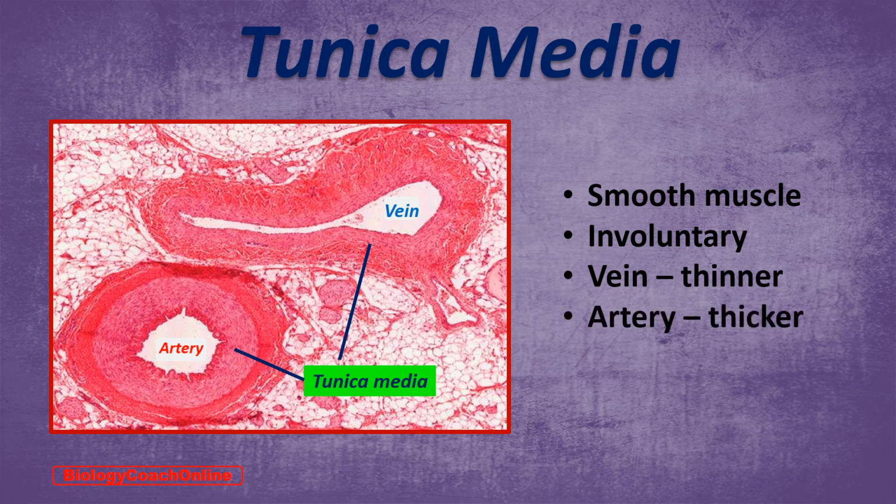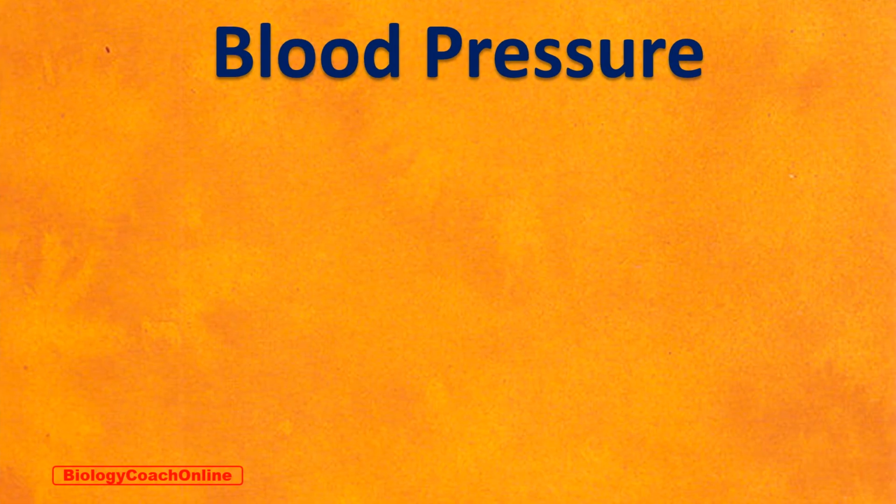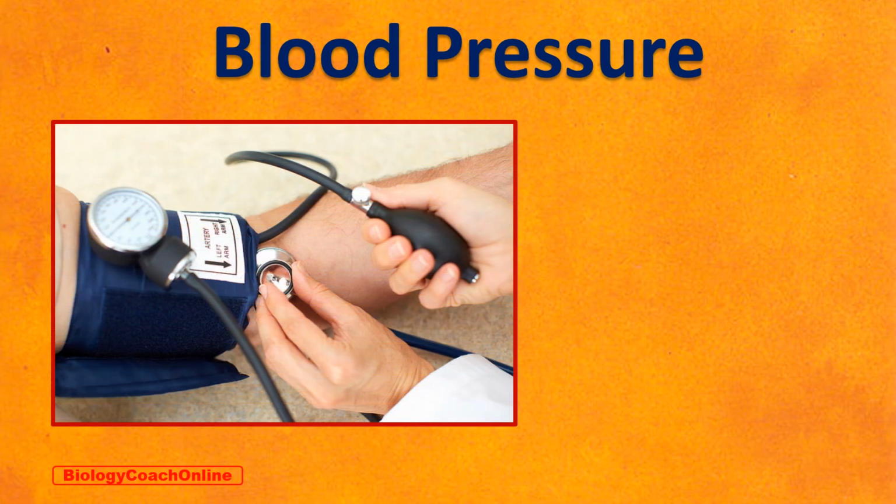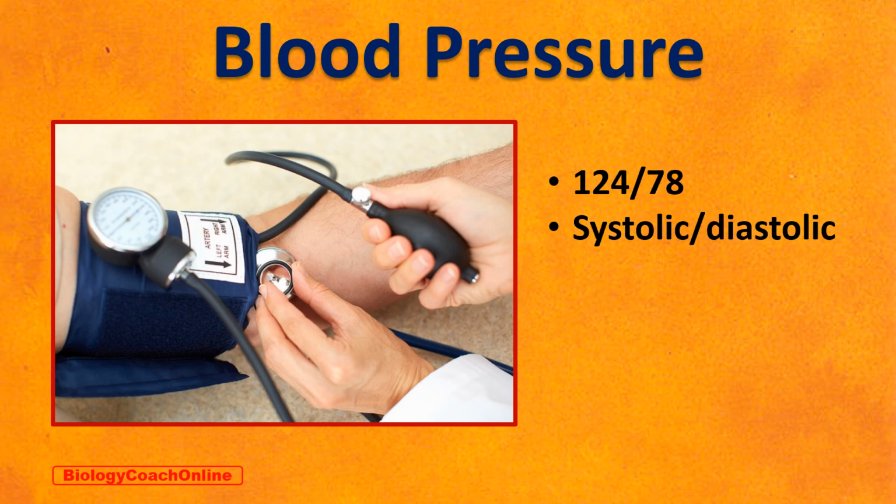So you are familiar, I'm sure, with blood pressure. Now, all of us have had our blood pressure taken at some point in time. The doctor, the nurse, or the clinician will call it a number like 124/78. Now that top number, 124 here, is called your systolic blood pressure. The bottom number, 78 in this case, is called your diastolic blood pressure.